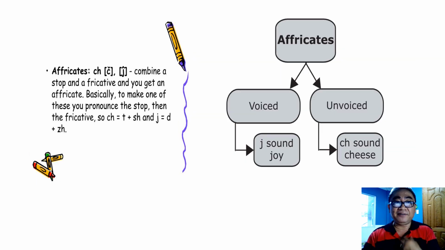And for the affricates, you combine a stop and a fricative, and you get an affricate. Basically, to make one of these, you pronounce the stop, then the fricative. So the examples on screen, we have the voiced and the unvoiced: joy and the sound in cheese.